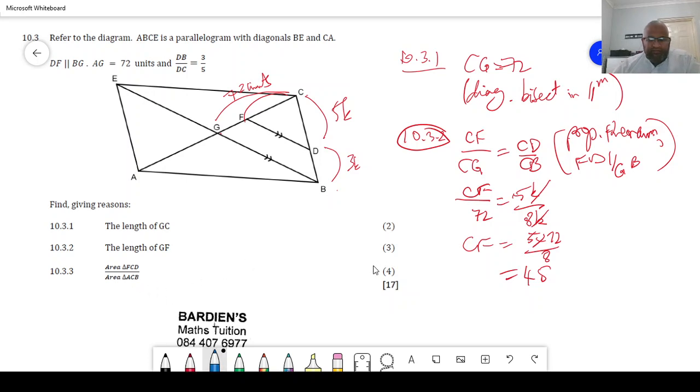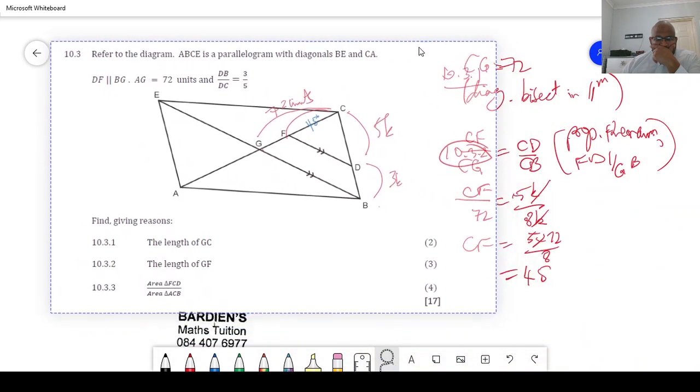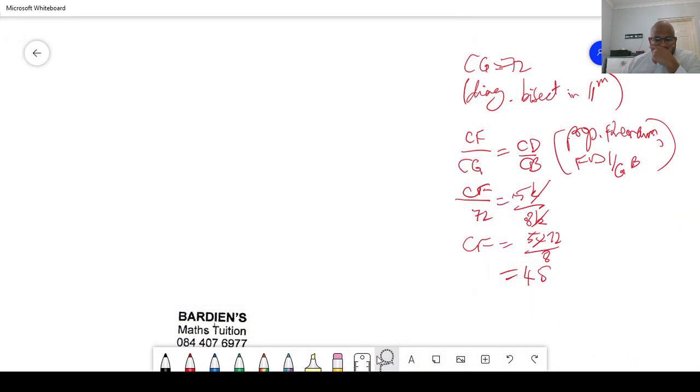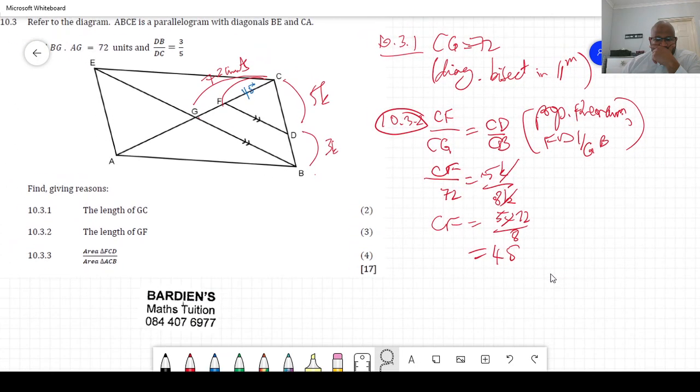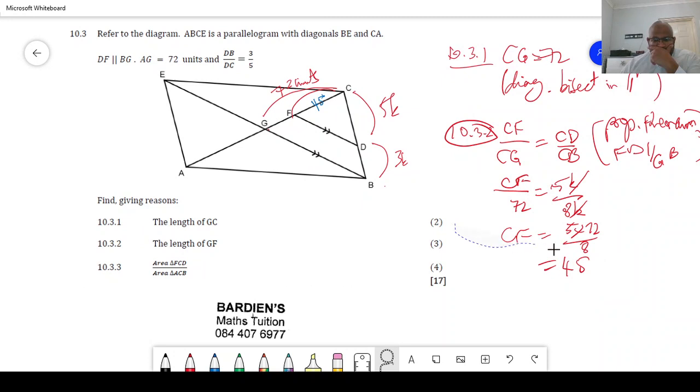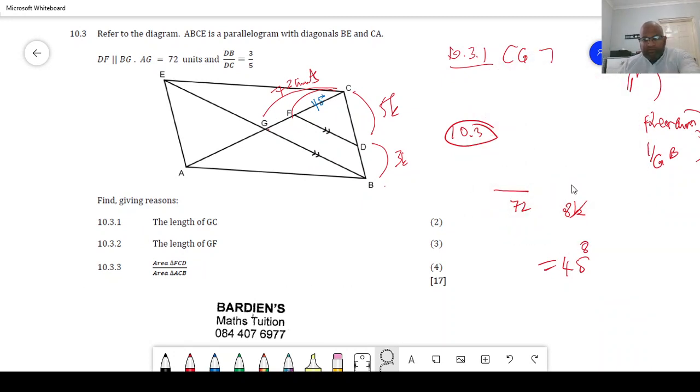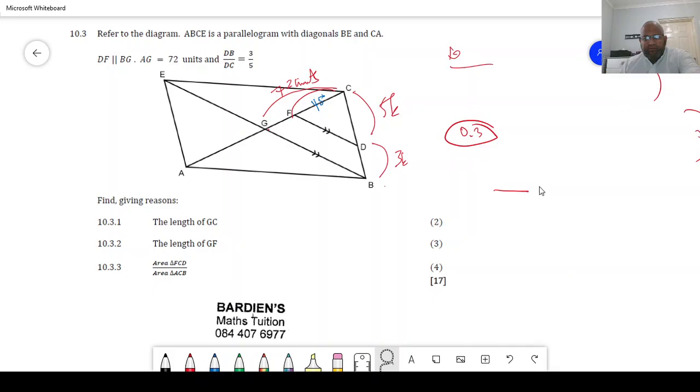In question 10.3.3, remember now this is 45 here, because I'm going to take this off now.